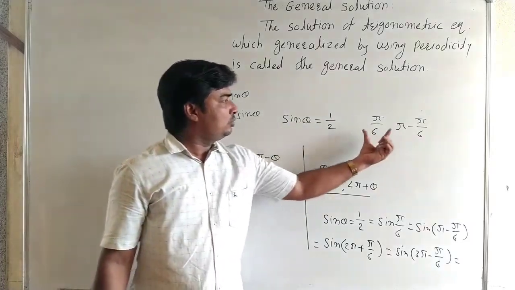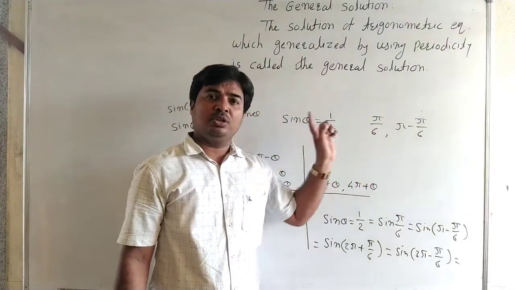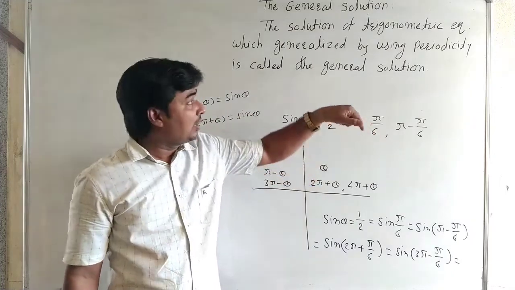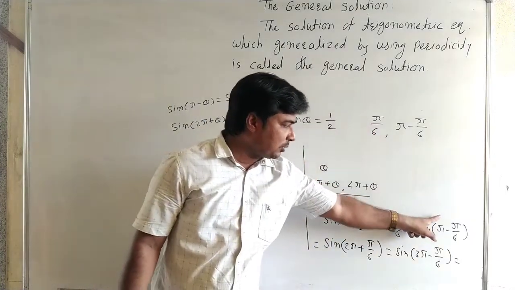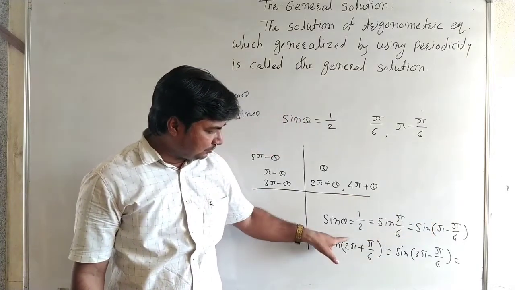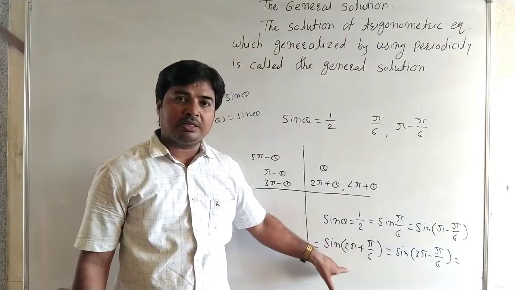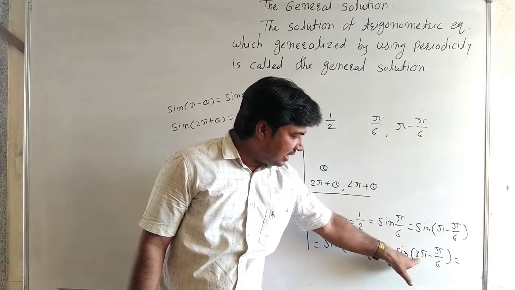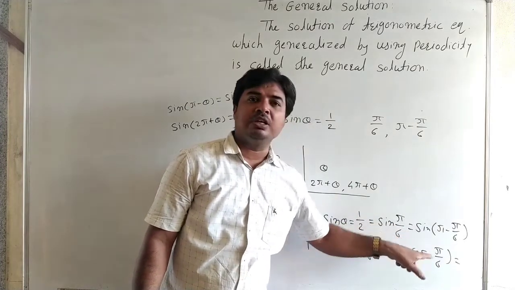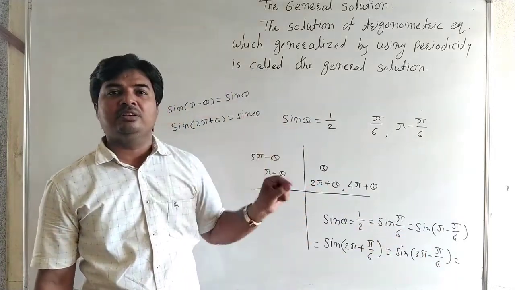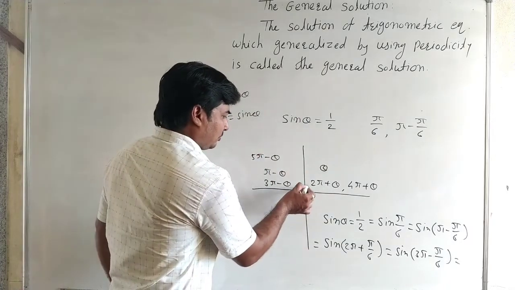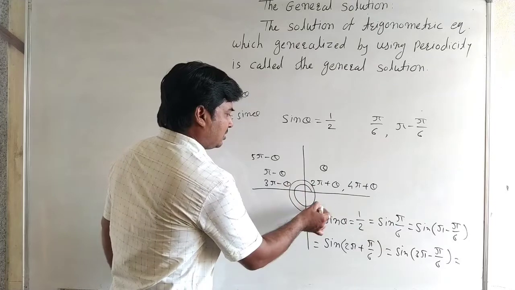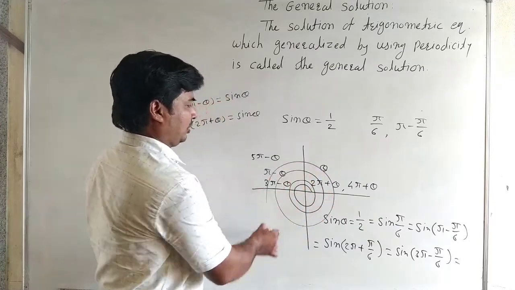These two are the principal solutions. Now we generalize by using the periodicity. Theta is equal to pi by 6, 5 pi by 6, 13 pi by 6, 17 pi by 6, like that. It is a general solution of the trigonometric equation, and we can find the general solution up to infinite points.